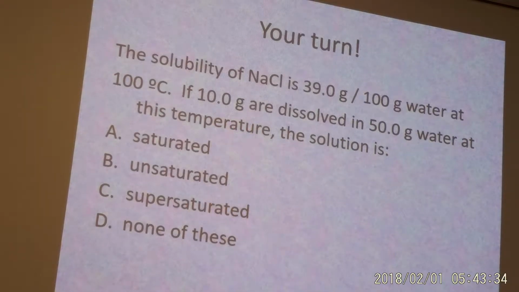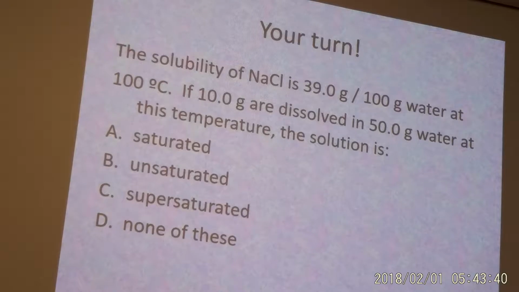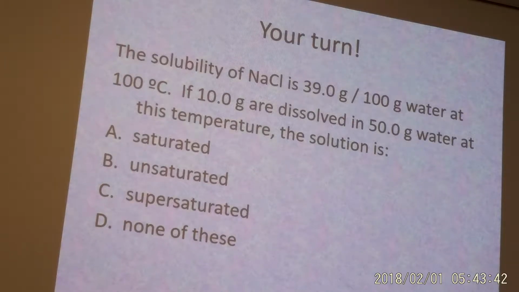But we're only putting 10 in. So what does that mean? It's unsaturated. Right? There's a lot more solute that could dissolve, up to 19 and a half. Right? Any questions on this?